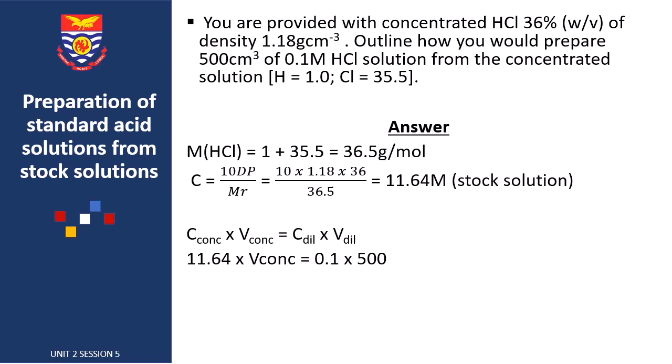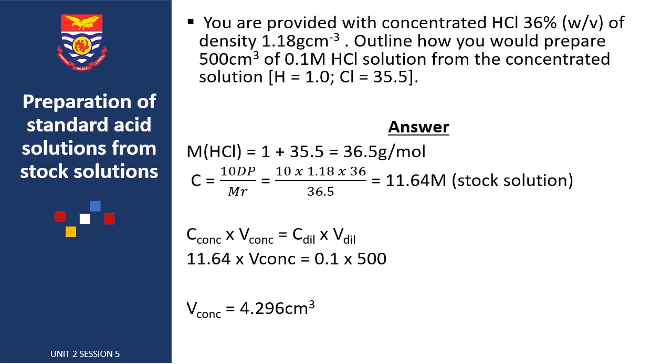Volume is what we are looking for, and on the other hand, concentration of the dilute solution is what has been given as 0.1 with a volume of 500. So we make the volume of concentrated solution the subject, and we have the volume there, which is 4.296 cubic centimeters.